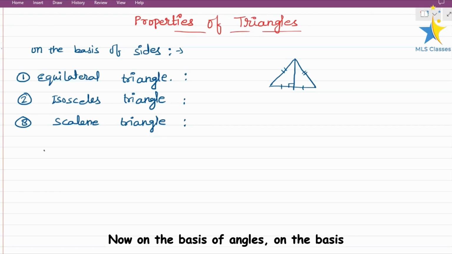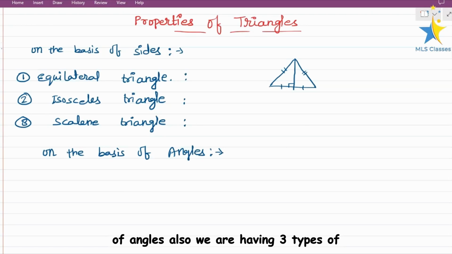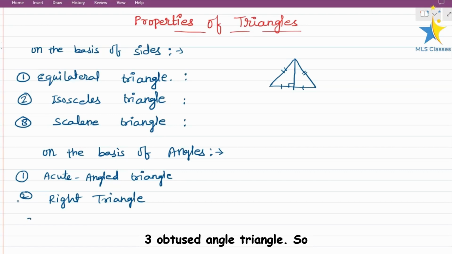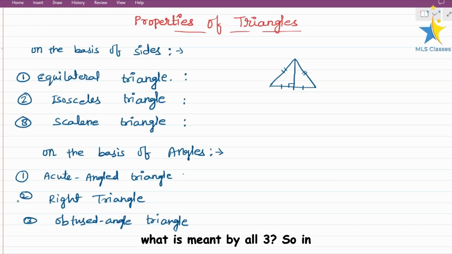Now on the basis of angles. On the basis of angles also we have three types of triangle. First is acute angle triangle. Number 2, right triangle. And number 3, obtuse angle triangle. So what is meant by all three? In acute angle triangle, all angles will be less than 90 degree and greater than 0 degree.